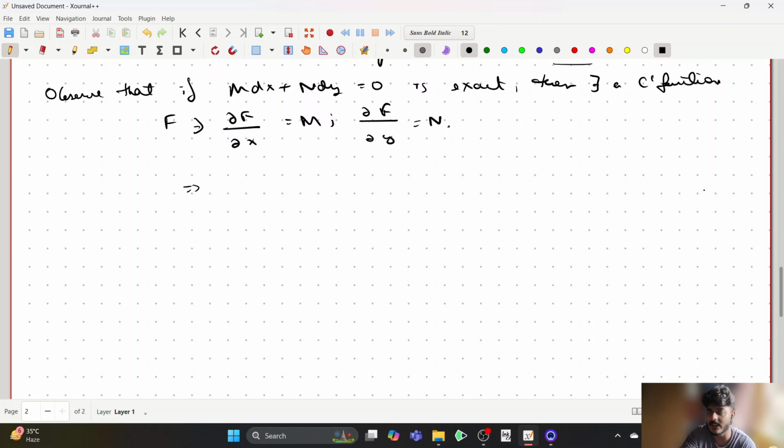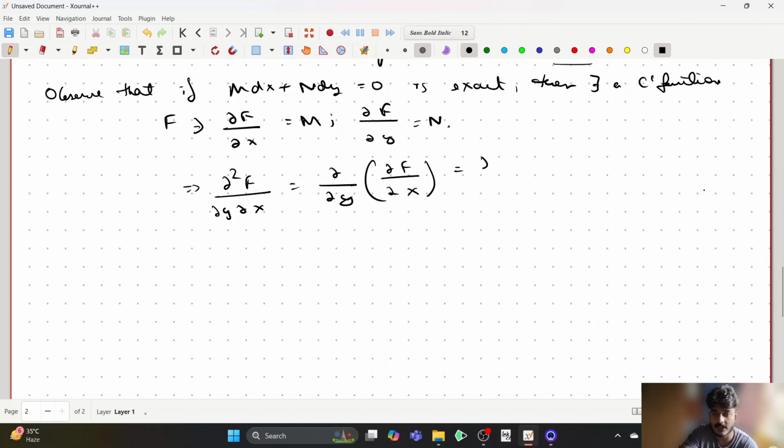So this implies that del squared f by del y del x, which is just del over del y, that is partially differentiating del f over del x with respect to y, is just del M by del y.